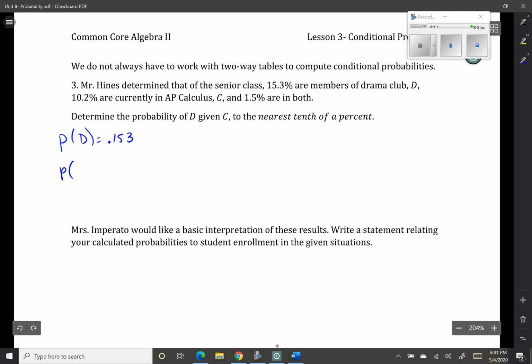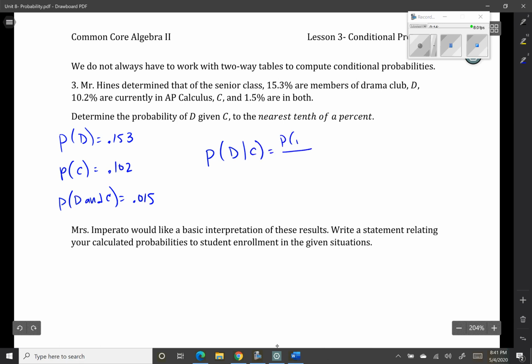So we're using C for calculus. We'll call that 0.102. And the probability of both, so we'll say D and C, is 0.015. 1.5% is 0.015. So it says determine the probability of D given C.